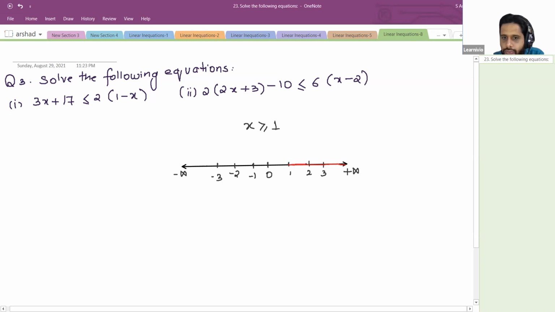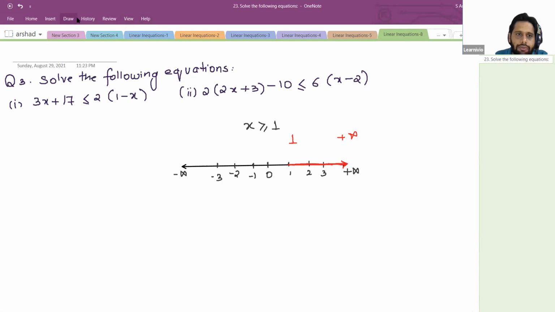So from 1 to infinite, we will highlight this part. So this complete part is the answer. Our solution will start from 1 up to plus infinite. So 1 is the answer, 1.1 is the answer, 1.2 is the answer, 1.3, and so on. So we will represent it like this.